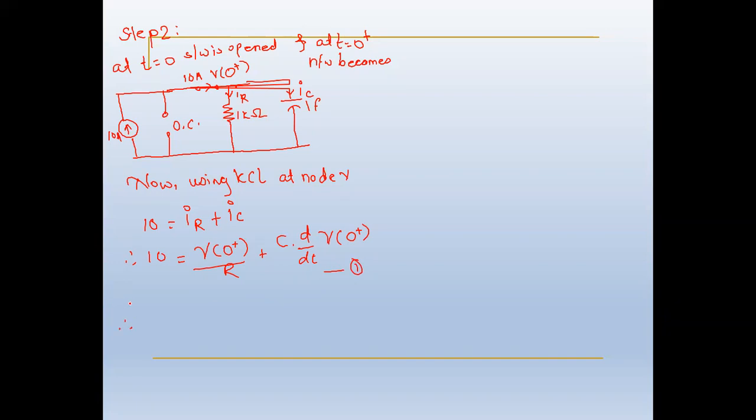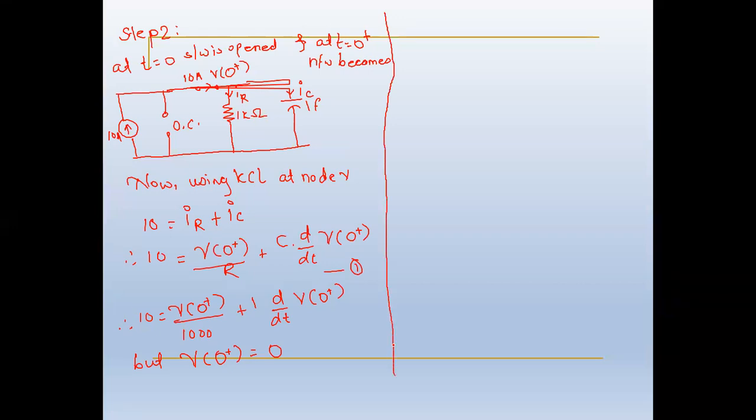Therefore, if we put the values, it is 10 is equal to V of 0 plus divided by 1000 plus C is 1 farad d by dt of V of 0 plus. But what is the condition? V of 0 plus, we have already defined it as 0. So your equation will be now, how will be your equation?